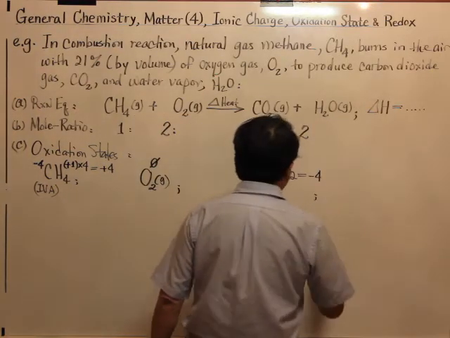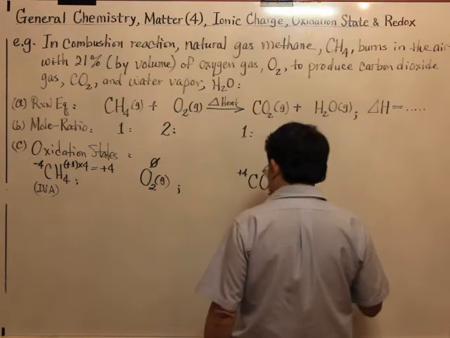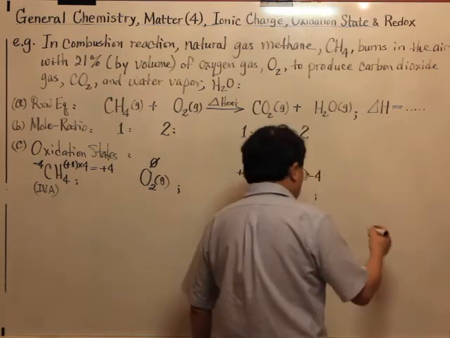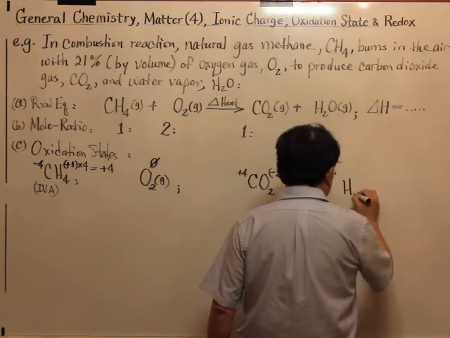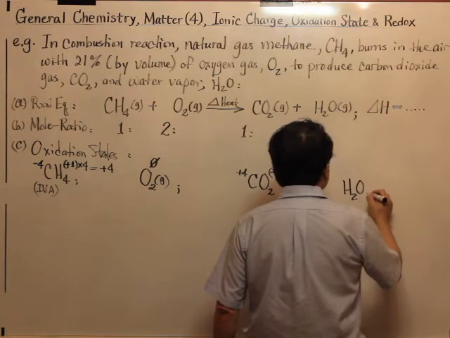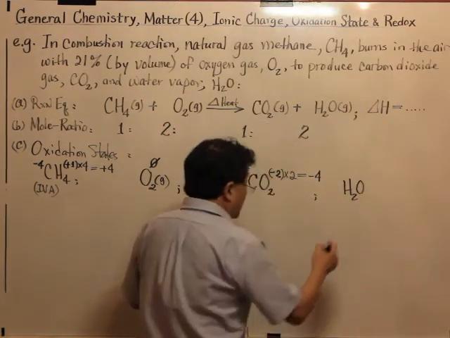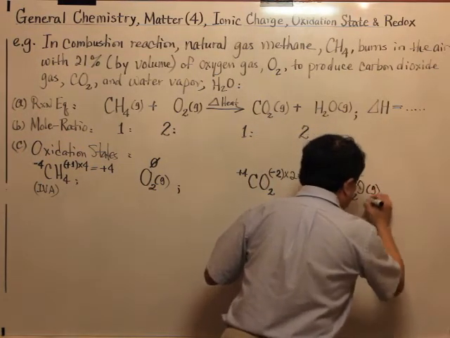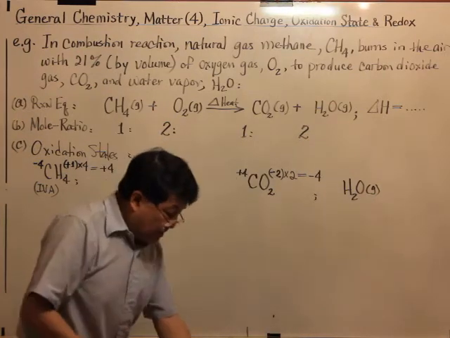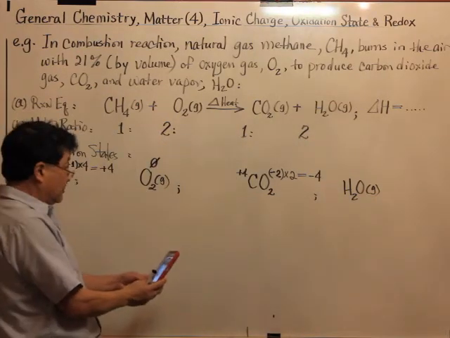Now the last one is water. Everybody knows water, a compound we can't live without, right? So the water, all right, and let me emphasize it's a gas, it's not liquid, because it's not condensed under very high temperature, right?